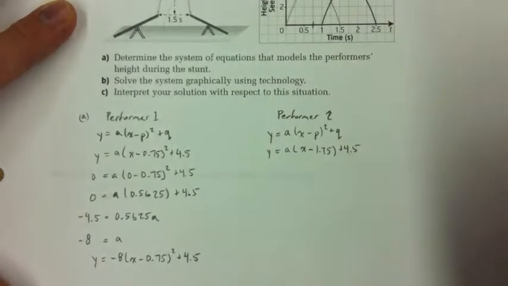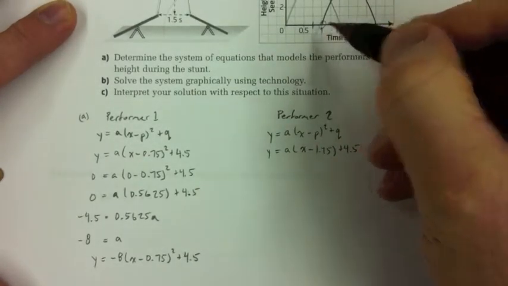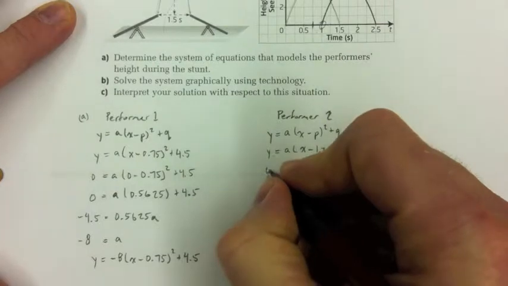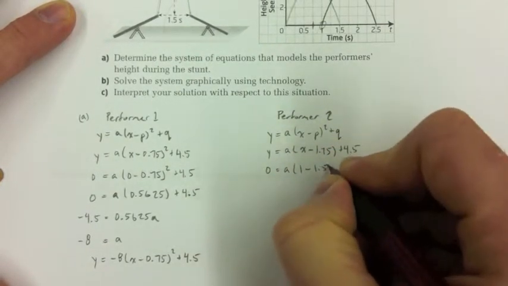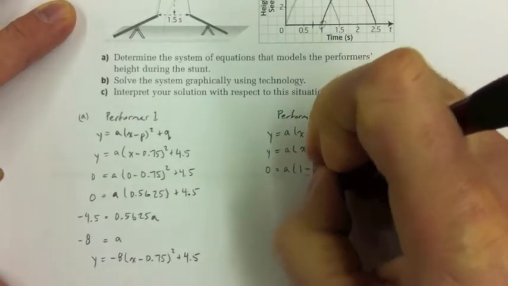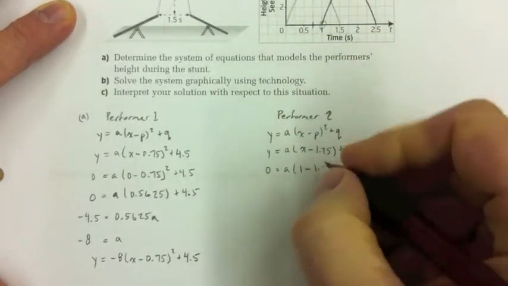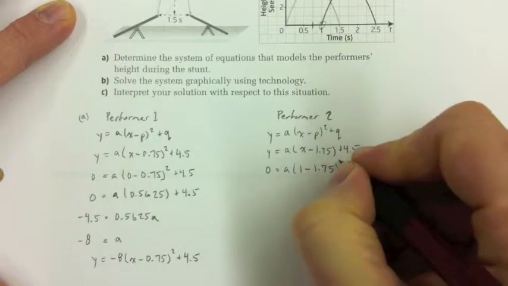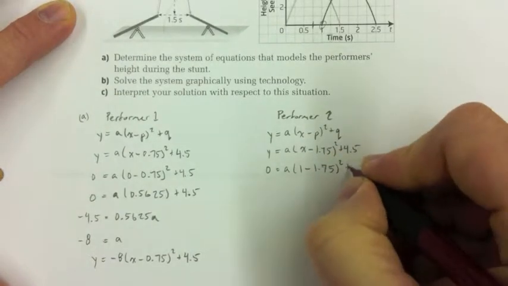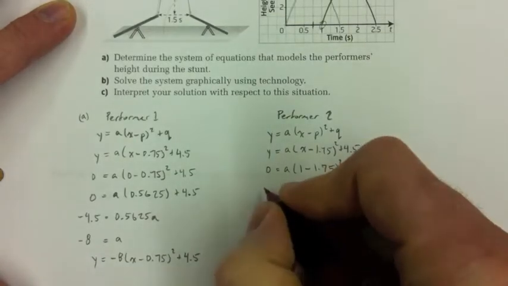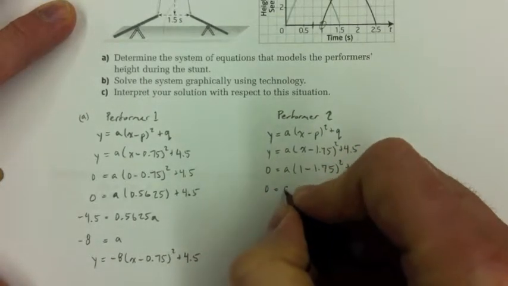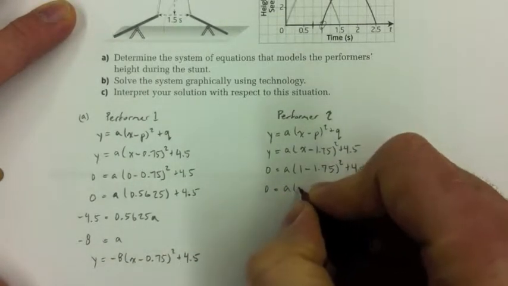We pick another point that is on the graph, and this time we're going to pick the point 1 and 0. Now we're going to solve for a.